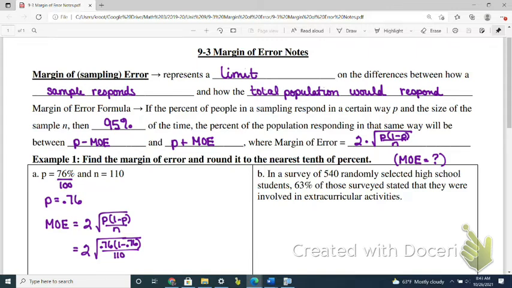At this point, you are just going to type this, just like this, in your calculator. When you do, you will get 0.081. I need to turn that back into a percent. So to do that, I'm going to multiply by 100, which is 8.1%.